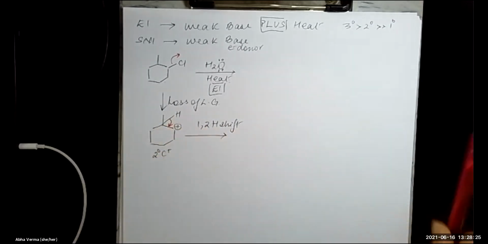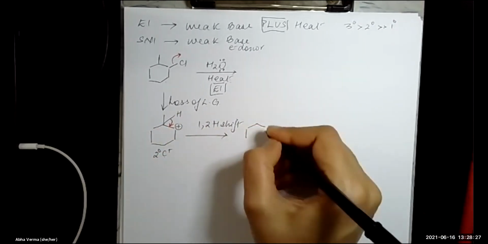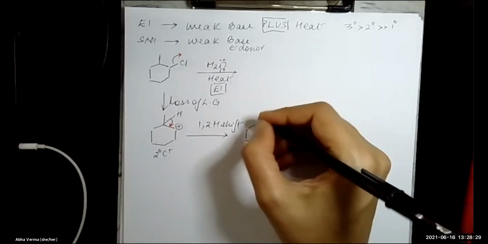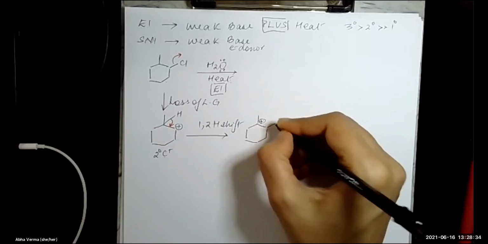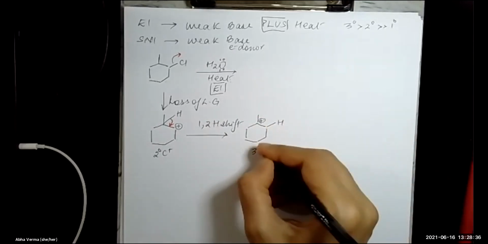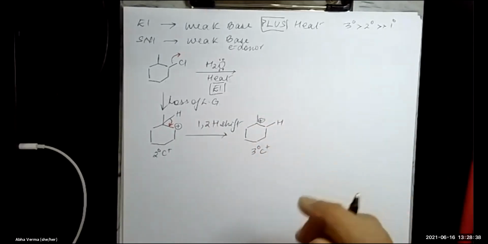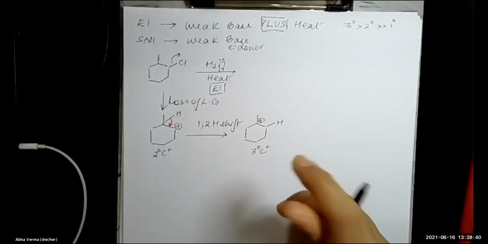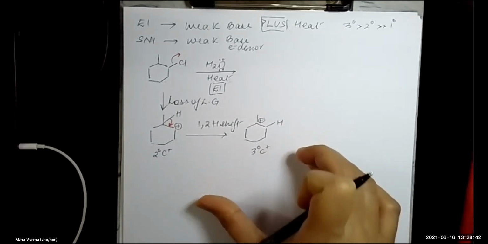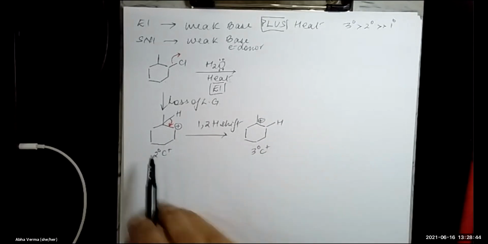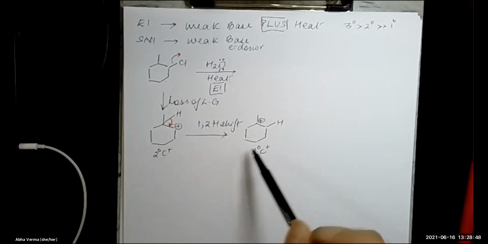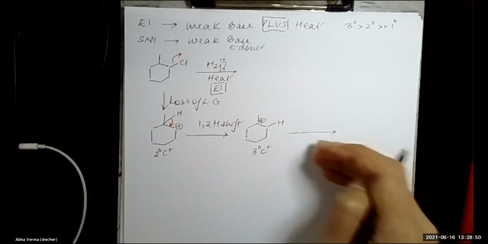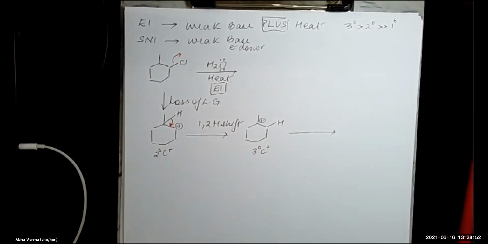The hydrogen shifts, and we see formation of a tertiary carbocation. So this rearrangement is very critical for your carbocation. The next step is what the E1 mechanism will be for the rest of the part.